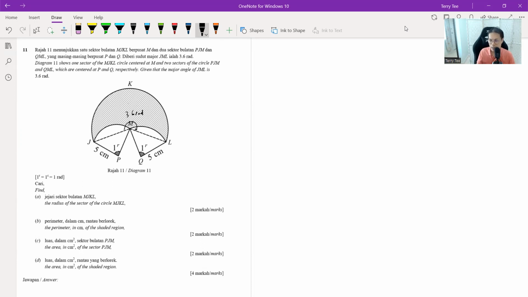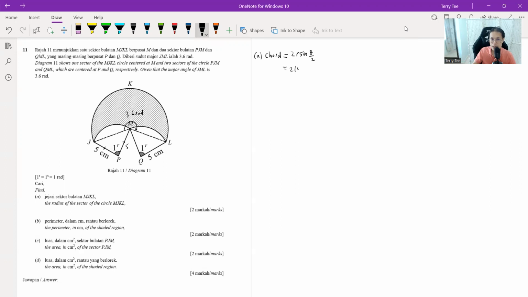To find the radius, we know this is 5 cm. This is another sector, 5 cm. So we can find JM. To find JM, you can use the slow way or the fast way. The fast way is the formula for chord. I always teach my students that the chord is 2r sine theta over 2.